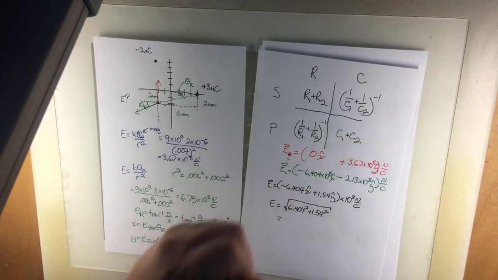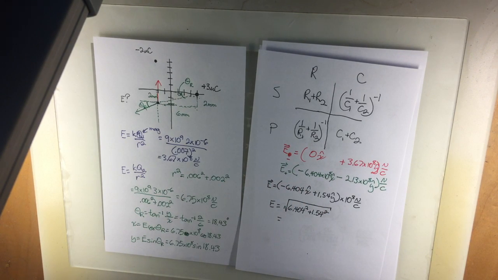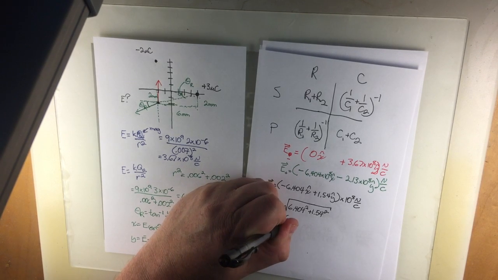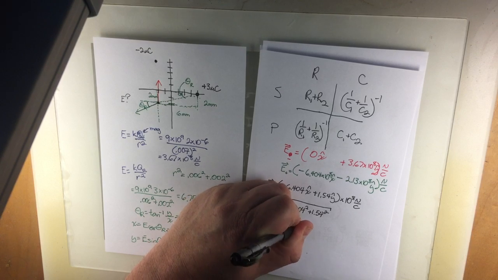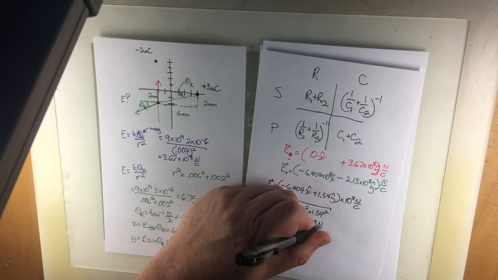Once I get a value for that, I'm going to tack on the 10 to the 8th. So I get 6.59 times 10 to the 8th newtons per coulomb.